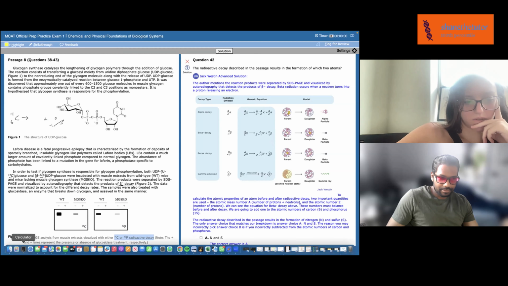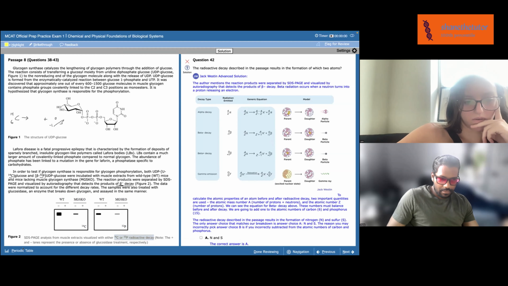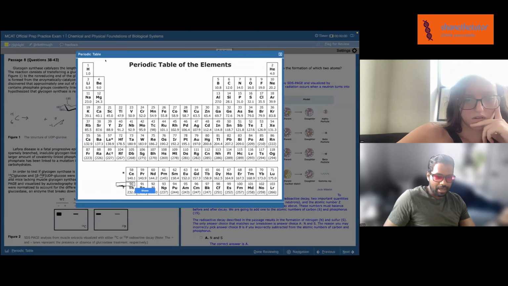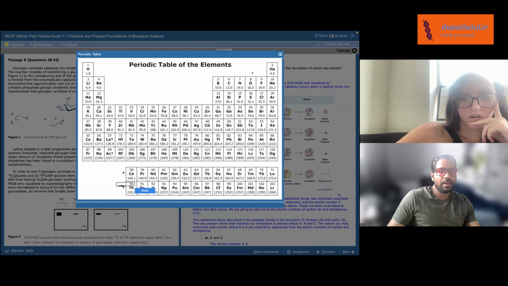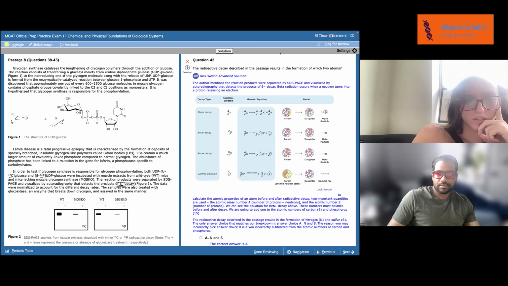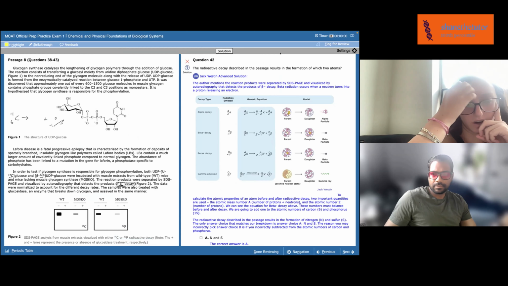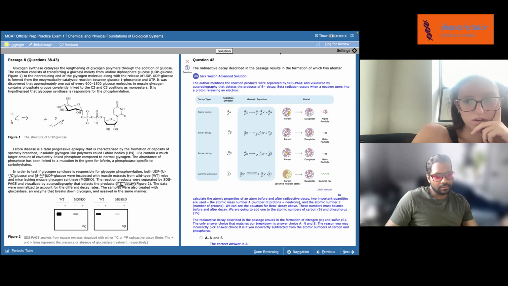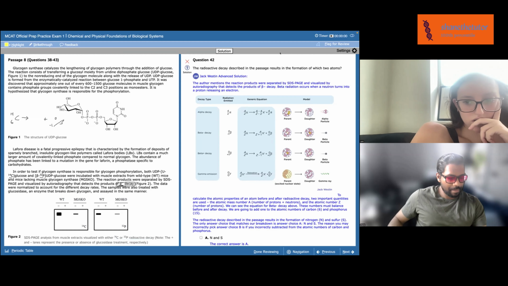It says beta minus decay. Oh, okay. So 0. But why is it 0 and not 12? Well, a beta particle has a mass of 0.